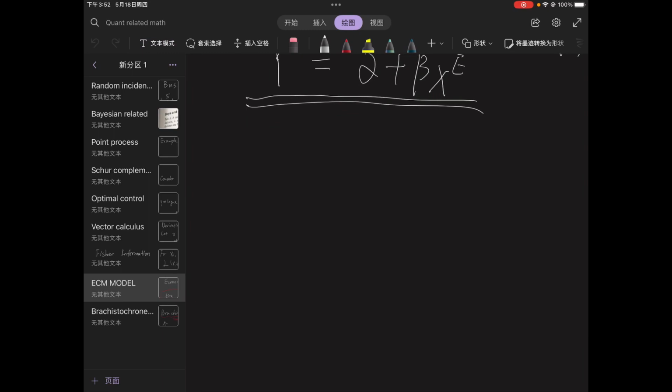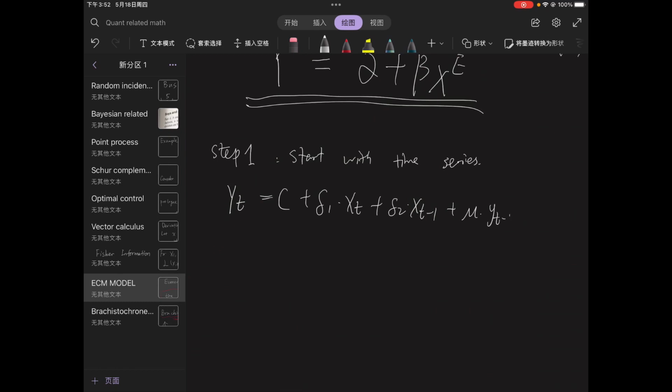Again, we start with the time series. So step 1, we start with the time series. The time series usually looks like this: YT is equal to C plus delta 1 times XT plus delta 2 times XT minus 1 plus mu times YT minus 1 plus epsilon t. It's a time series.